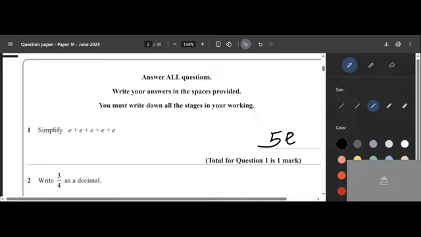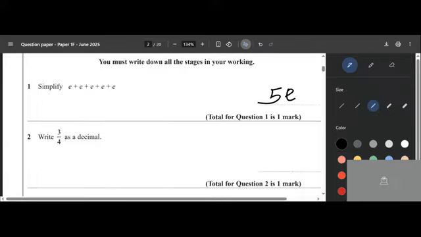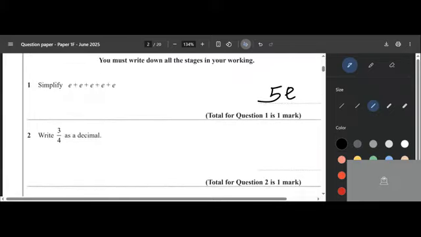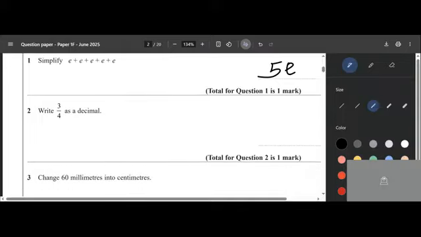Then now we can go to question 2. In question 2, you are told to write as a decimal. So to write an equation as a decimal, remember you're not using a calculator. So what you are going to do here is that we'll be using the long division method.